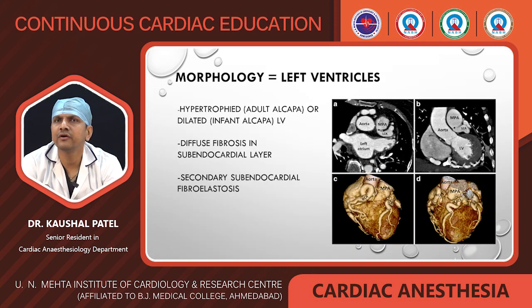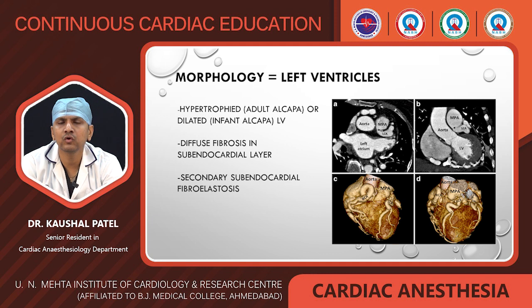Now coming to the morphology of the left ventricle. Like we discussed earlier, in the adult type of ALCAPA the left ventricle is hypertrophied, or in the infant type of ALCAPA, the LV is dilated due to the ischemic cardiomyopathy.